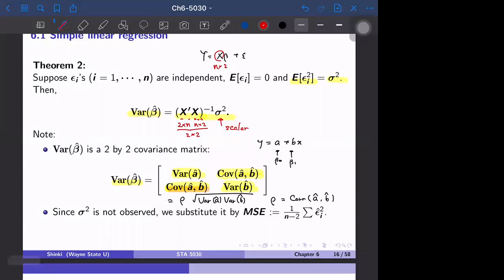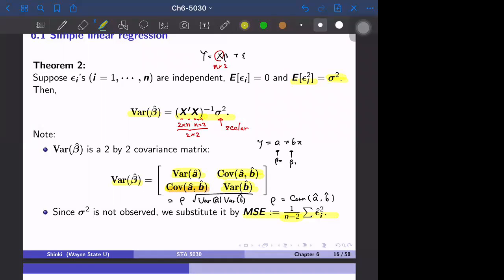Yeah. And sigma square is not observed. Sigma square is the variance of the error term, but even the error is not observed. We have no way to know sigma square exactly. But sigma square can be estimated by the mean squared error: 1 over n minus 2 times the sum of epsilon i hat squared. Here we have n minus 2 because we have estimated 2 parameters.